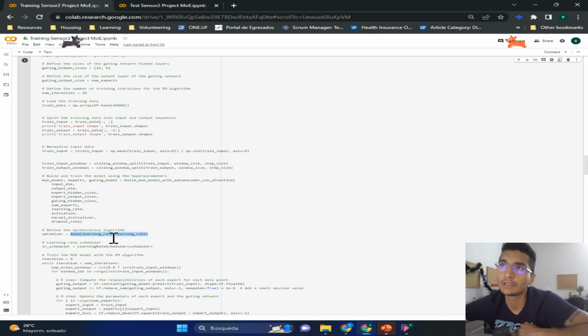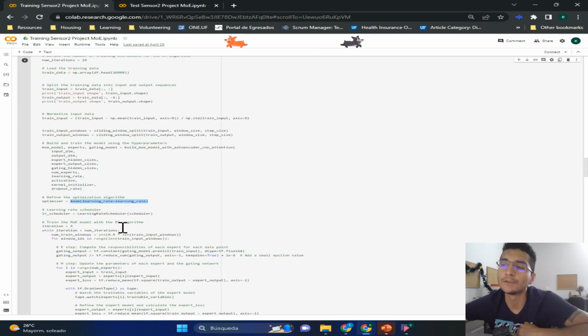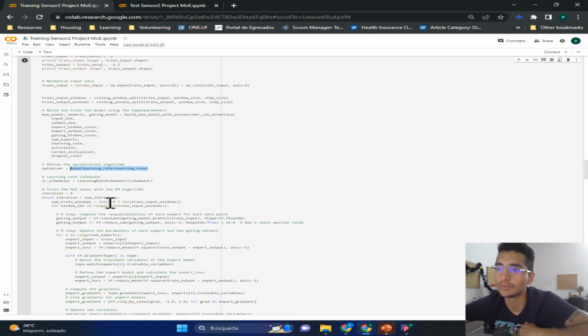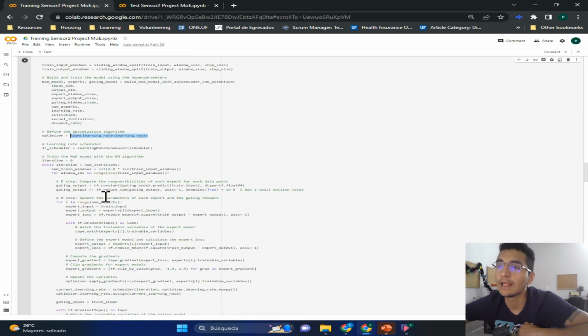We tried stochastic gradient descent with momentum, and that helped, but it also increased the instability of the model. So we also tried NAG, the Nesterov accelerated gradient optimization algorithm, but it was pretty similar to stochastic gradient descent.